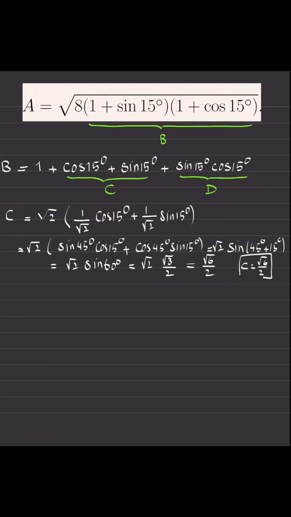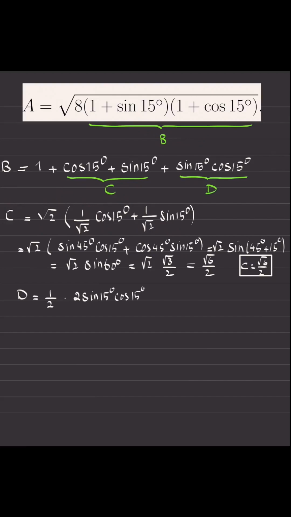And of course, D is also a very famous combination. As you know that D can be written as 1/2 times 2 sine 15 degrees cosine 15 degrees, yes?